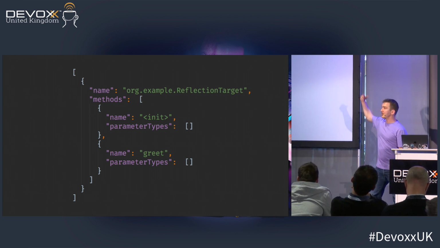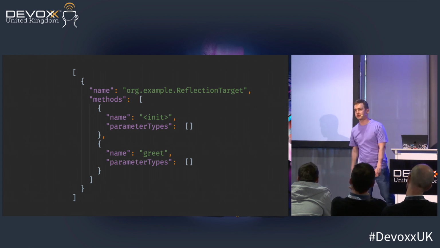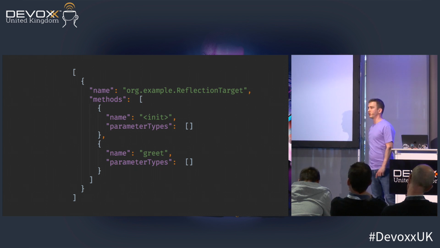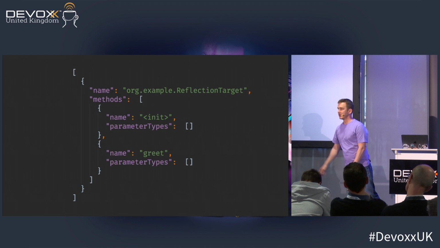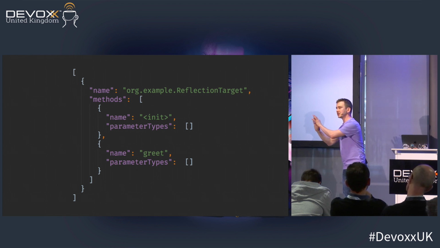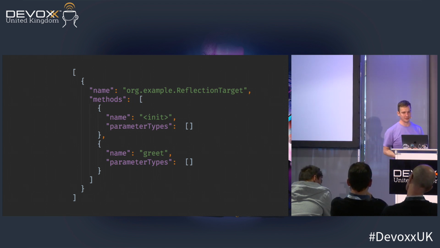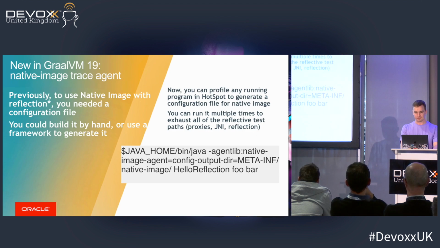So you can provide a configuration file that will suggest that you will use certain reflection bits, certain classes through reflection, or you will generate proxies, or will use certain JNI libraries. So you can give hints to the native image utility to generate those, and then those things will work as well.